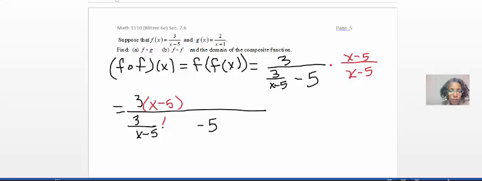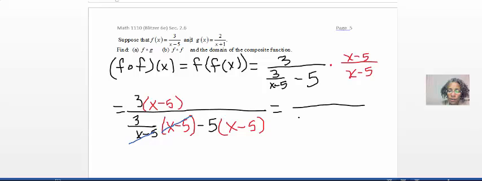So in the numerator, there's only one term, but in the denominator, there are 2 terms. And both of those terms have to get multiplied by x minus 5. Now notice this term that had an x minus 5 in the denominator divides into my x minus 5. And that term is the reason I was multiplying numerator and denominator by x minus 5. So there I simply have a 3.